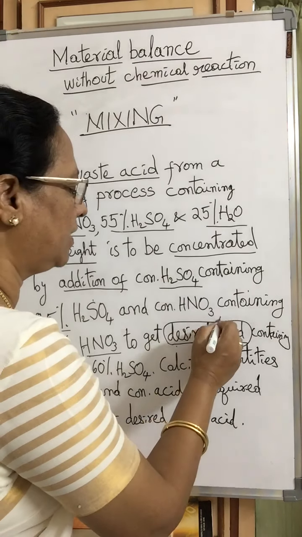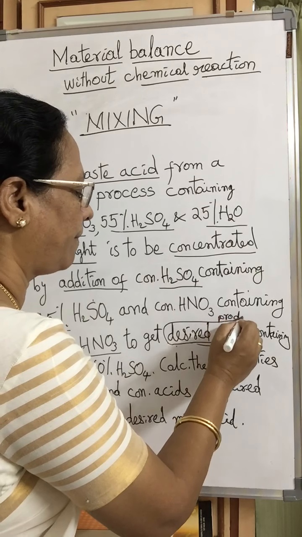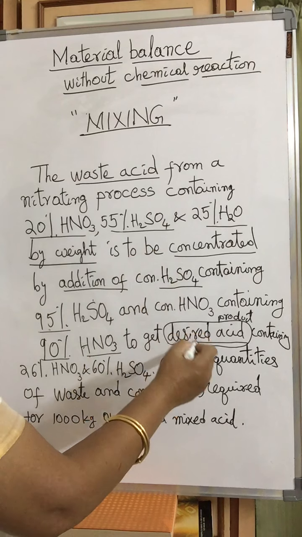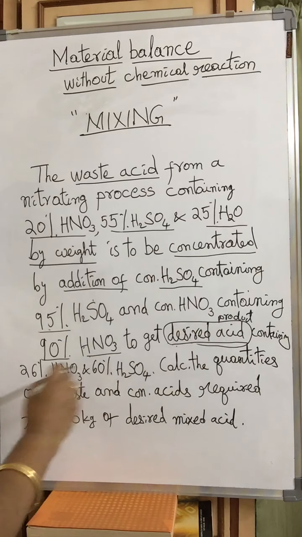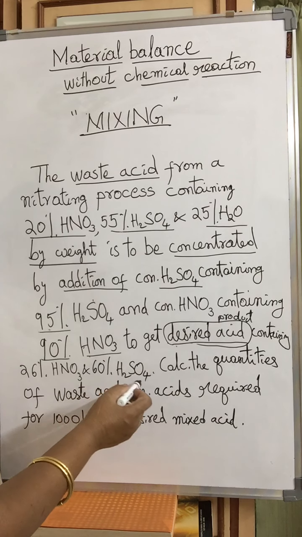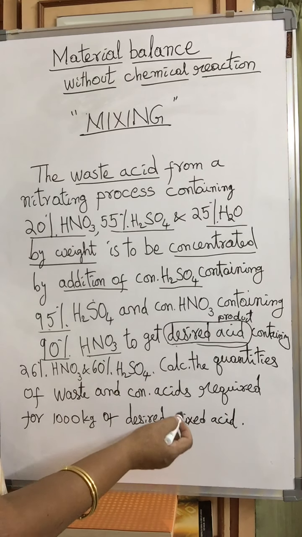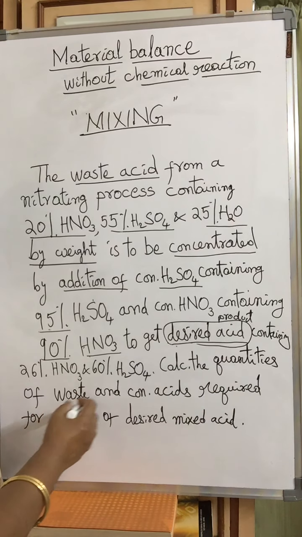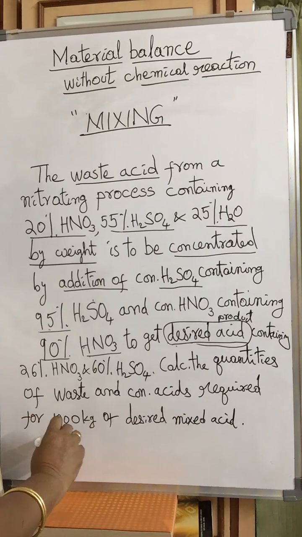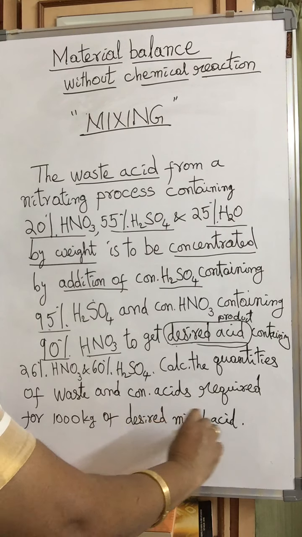Desired acid is nothing but product acid, and its composition is given: 26% HNO3, 60% H2SO4, the rest is water. Calculate the quantities of waste and concentrated acids required for 1000 kg of desired mixed acid.